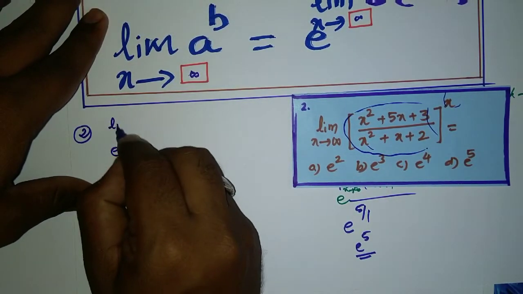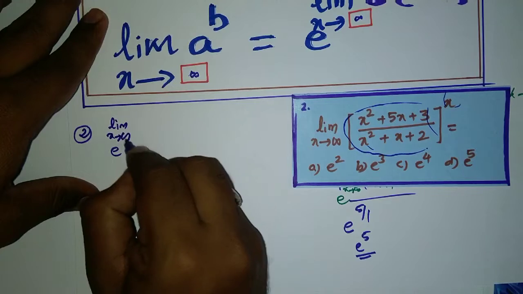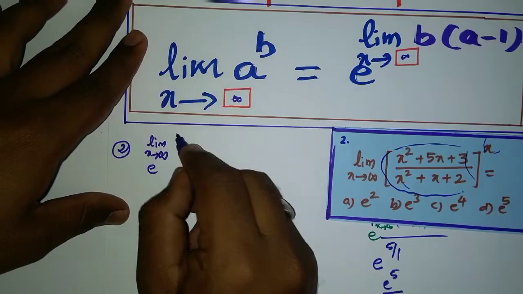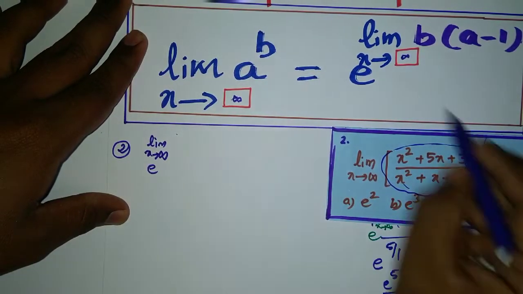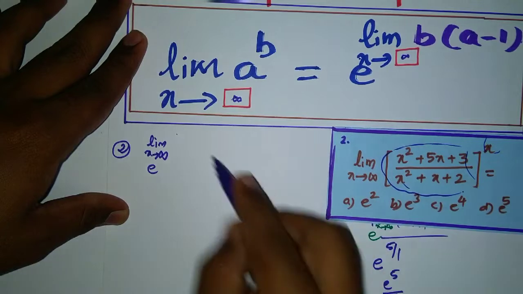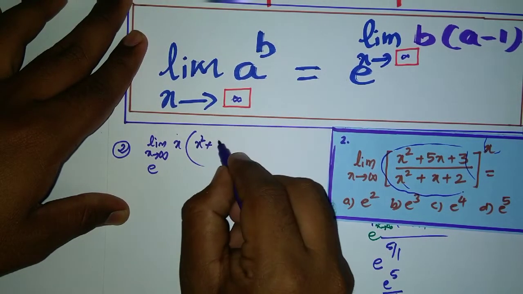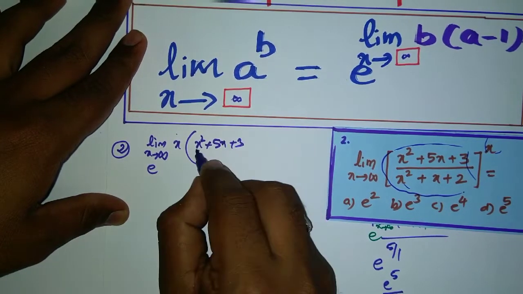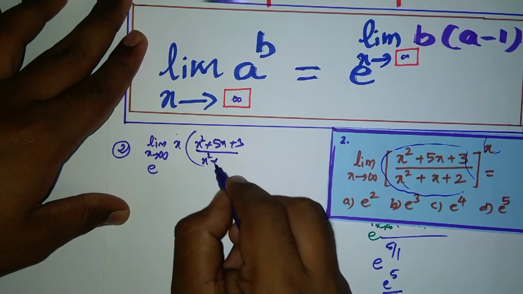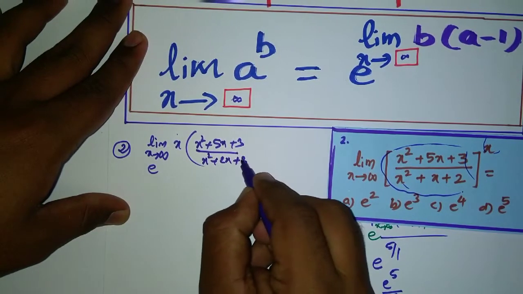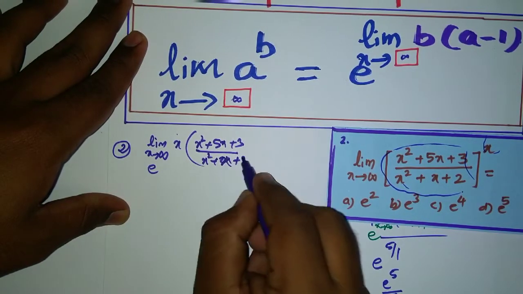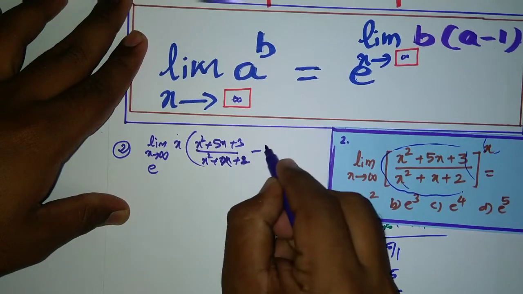So e raised to limit x tends to infinity. What is the formula? B into (A minus 1). B is x. So x into (x square plus 5x plus 3 whole divided by x square plus x plus 2, minus 1).